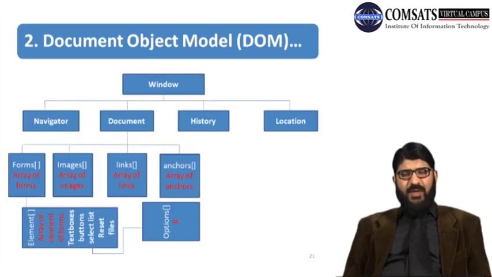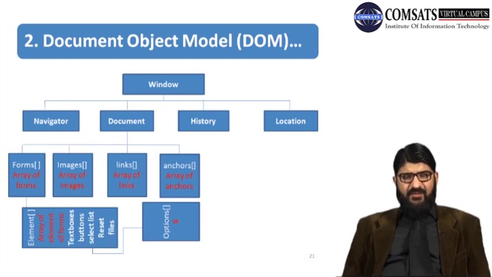So let's see what the hierarchy of the HTML DOM model is. If you consider over here, on the top the window node is mentioned, and then the navigator hierarchy, and then the document, and then the history, and then the location.